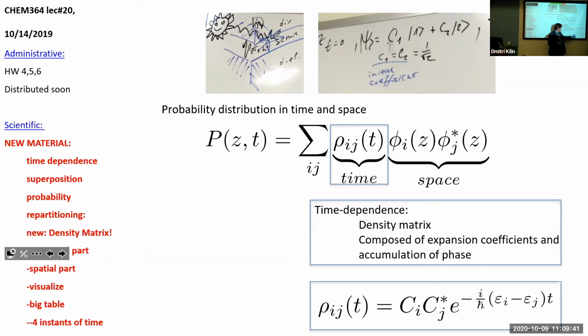From this equation, we see that for the density matrix with the same indices i, the energies subtract and we get no time dependence.